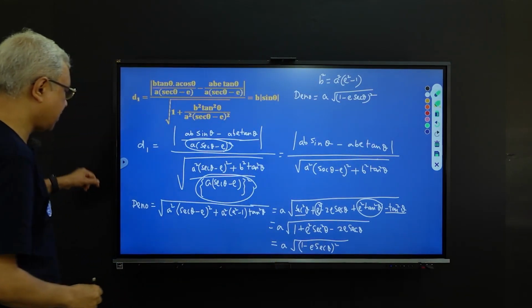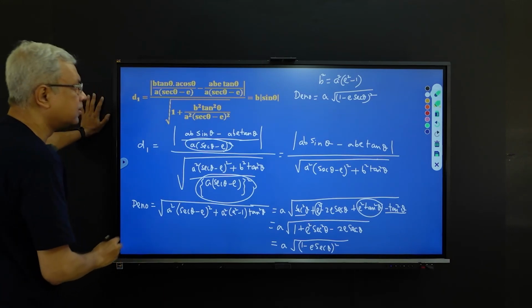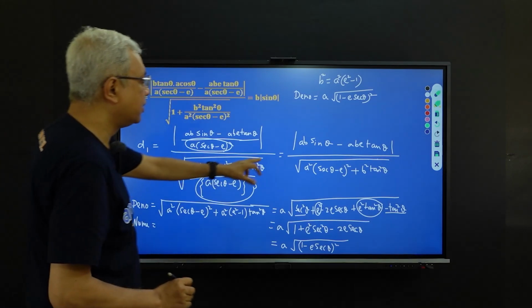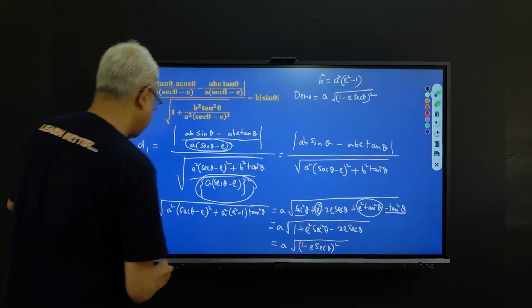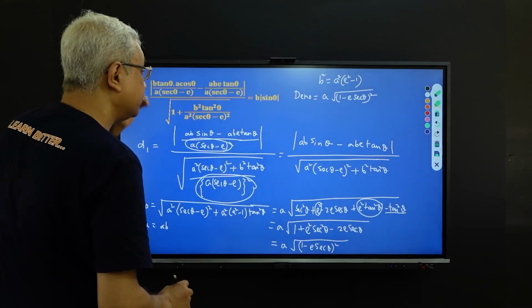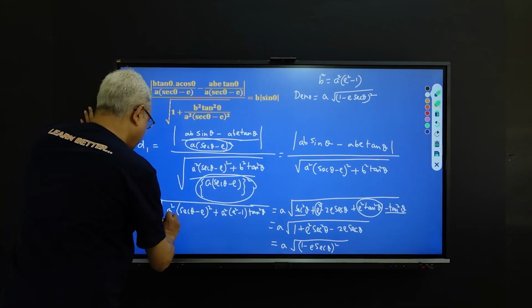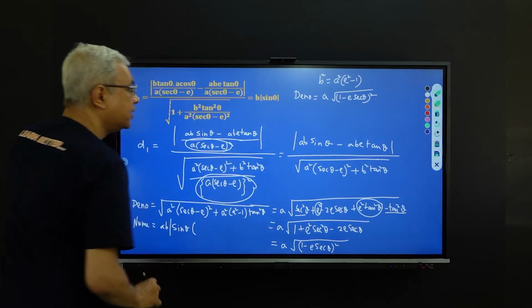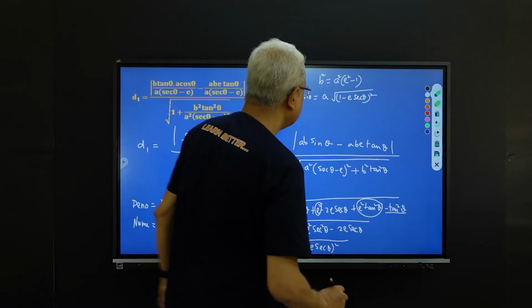And numerator is how much? Numerator is mod of this thing. So if I take ab out, it is mod of sin theta times 1 minus e sec theta.